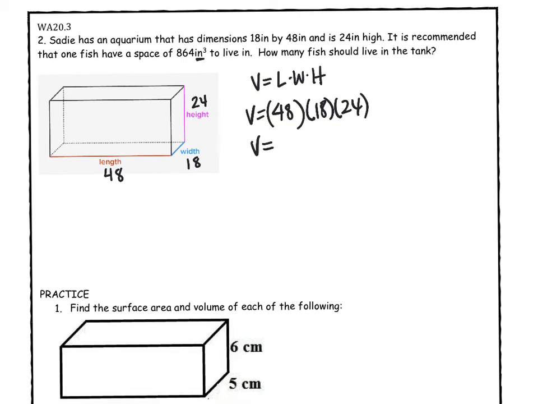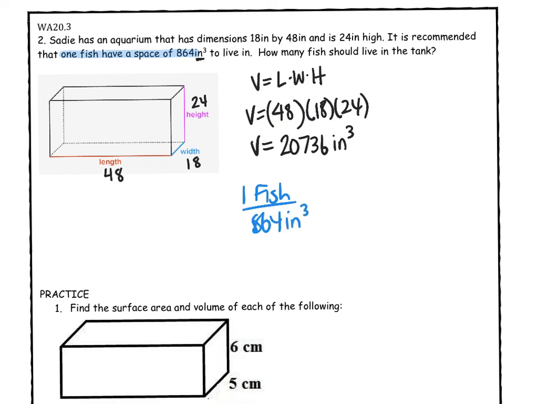Those are all pretty big numbers, so I'm going to need my calculator. 48 times 18 times 24 gives me 20,736 inches cubed. Now that is the volume of my fish tank. So to solve the problem, one fish needs that much space. So this is a ratio question, right? One fish needs 864 inches cubed.